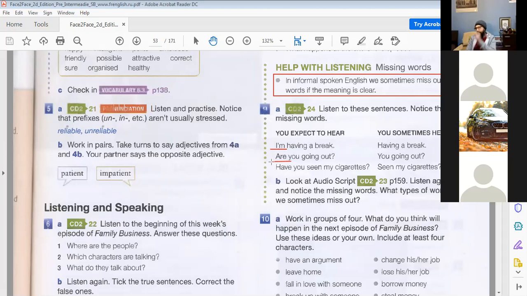Yes. In spoken English, sometimes they miss out some words.